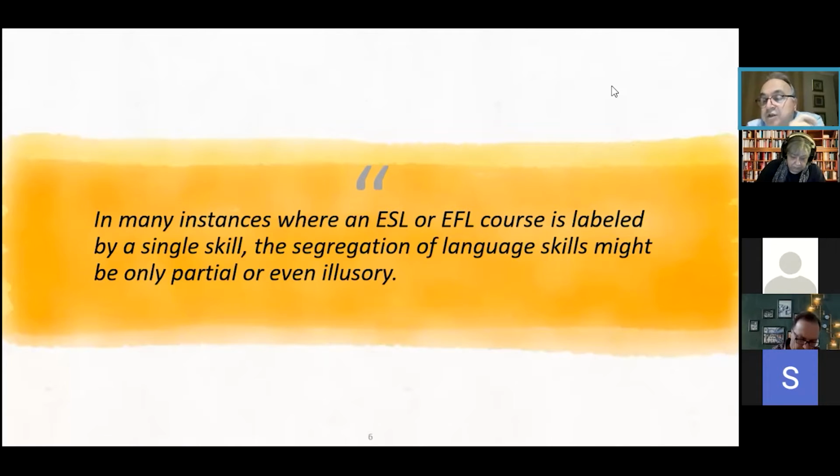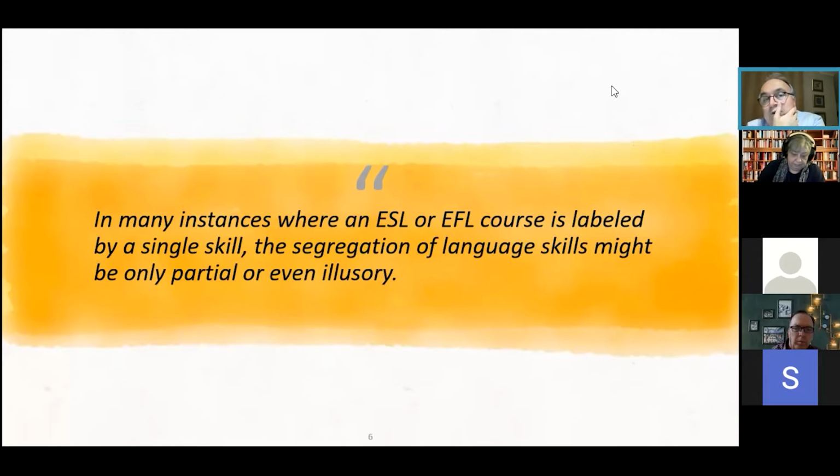If the teacher is creative or has some abilities to create a communicative and interactive environment in the class, a course having a discrete skill title may actually involve multiple or integrated skills. So everything should depend on the teacher's proficiency.